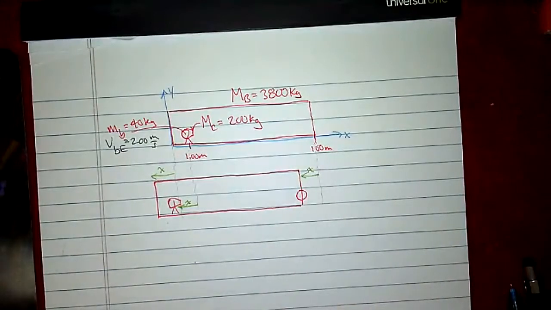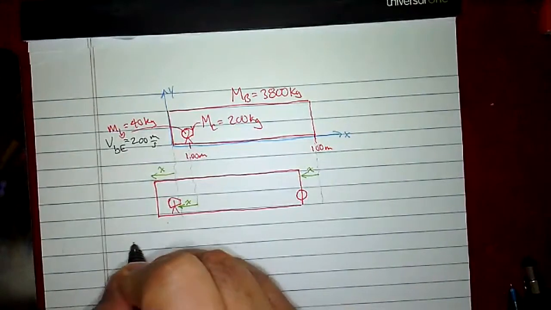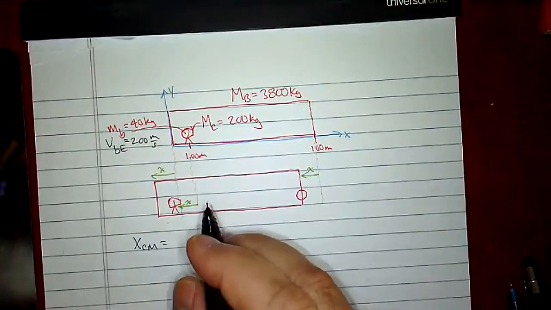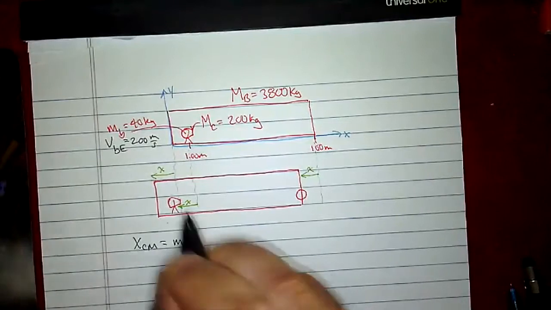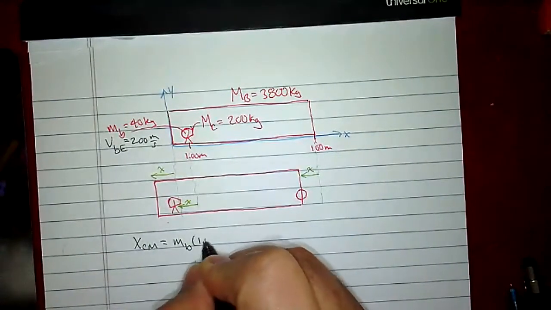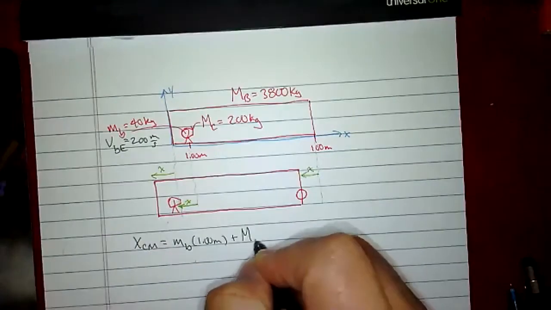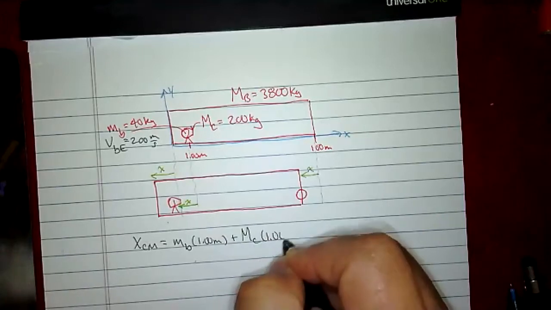So let's get started. So first off, we have the center of mass of the system is actually equal to the mass of the ball, and it's of course at initial position of 1.00 meters. We have the mass of the cannon, which I call big M subscript C, and that's also at 1.00 meters.